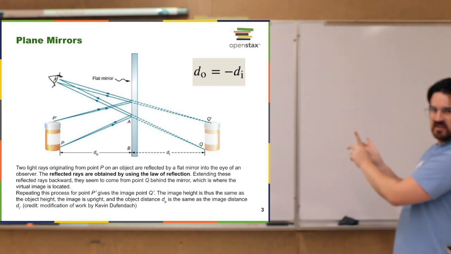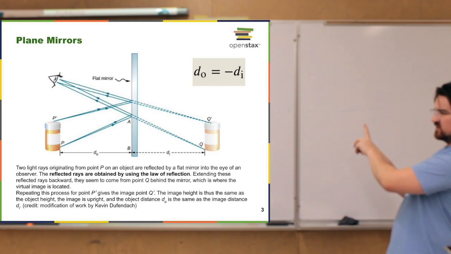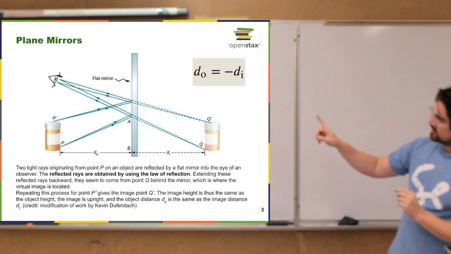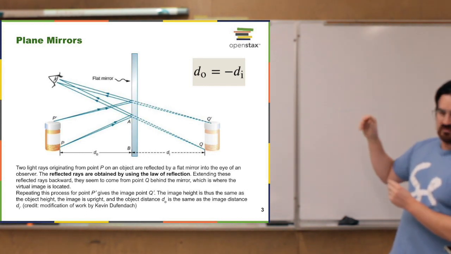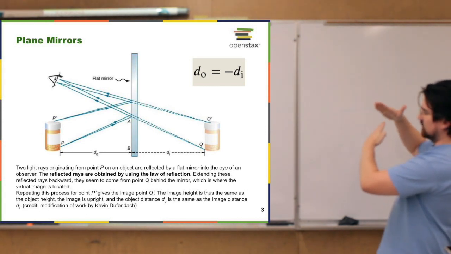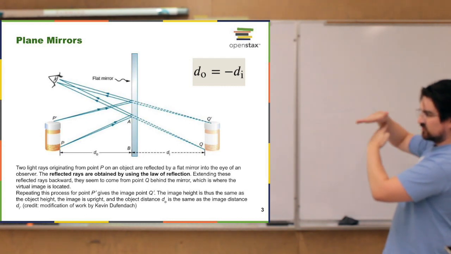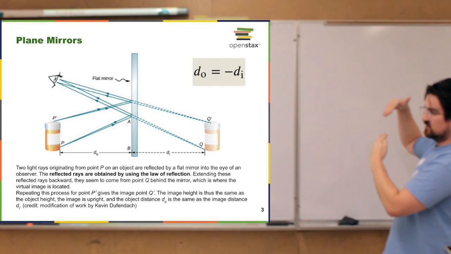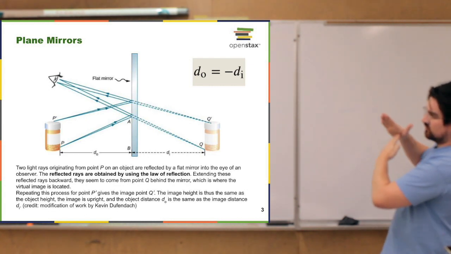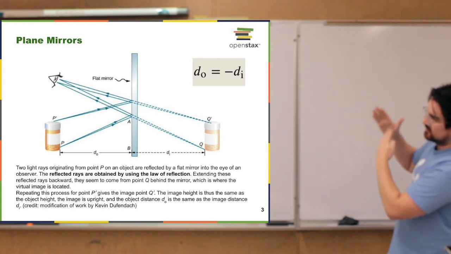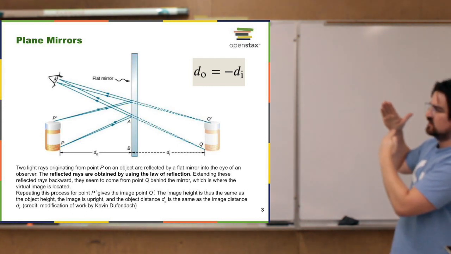There are many, many rays of light leaving from that point, but two rays at a very small angle from each other leave that point, and they're going to strike the mirror right around point A. Our law of reflection tells us that the reflected angle, remembering that the angle is measured from the normal, a perpendicular line, is going to be the same as the incident angle. So you just get this same reflected angle coming back out. One of the rays is going to go up, and the other is going to hit a little bit higher and go up slightly higher.